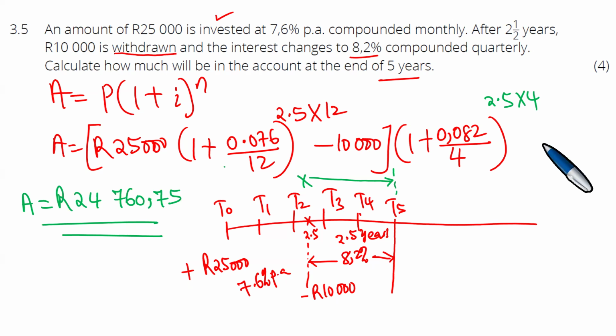Any question here? Right, because this thing we're using here is called the timeline, so you must be able to use the timeline if you are confronted with a situation where the interest rates are changing, because now the interest rate was 7.6% and then changed to 8.2% for the remainder of the period.